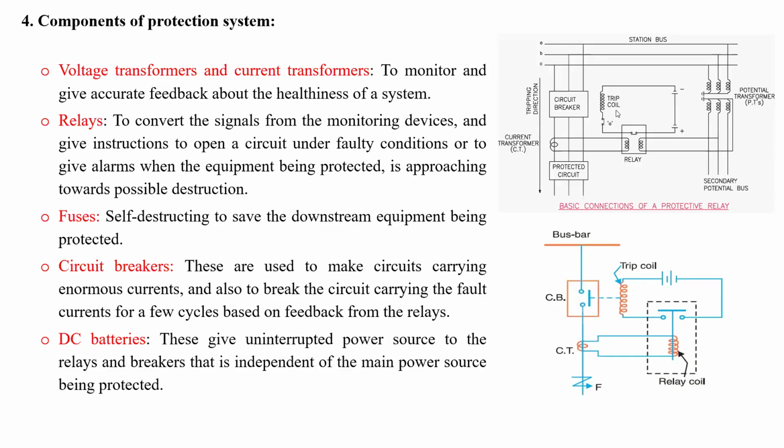AC supply like 230 volts AC or 110 volts AC is not allowed for the tripping circuit and control circuit. That's the reason all over the world, every country uses either 110 volt DC, 220 volt DC, or 48 volt DC as the control and auxiliary supply for trip circuit as well as control circuit operation.